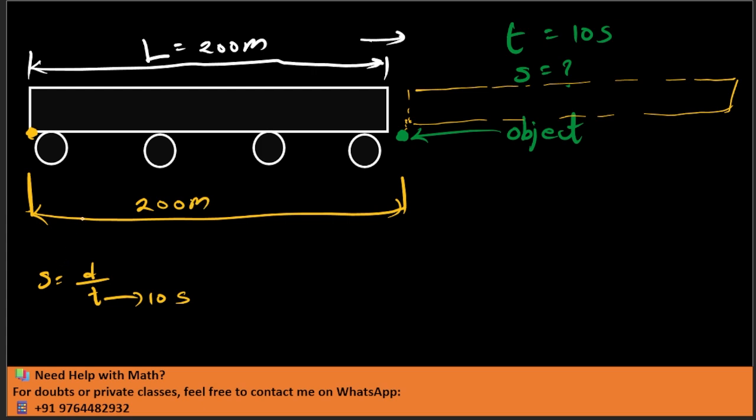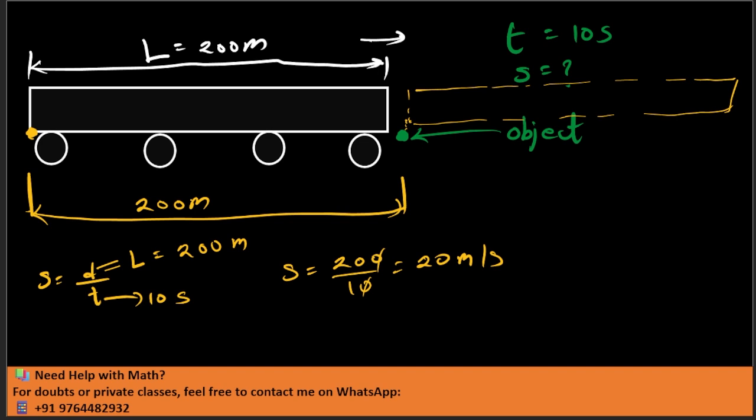So whenever a train crosses an object having no length, the distance traveled is equal to the length of the train. So the distance is equal to 200 meter. Now it's simple. Speed is equal to 200 divided by 10, and it is equal to 20 meter per second. I hope it is clear.